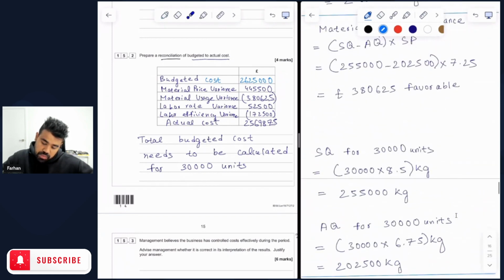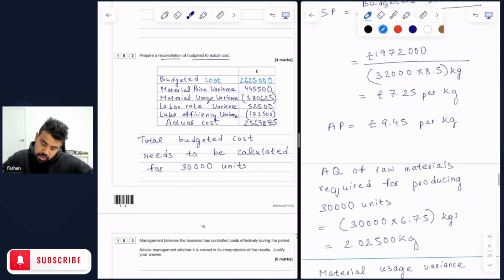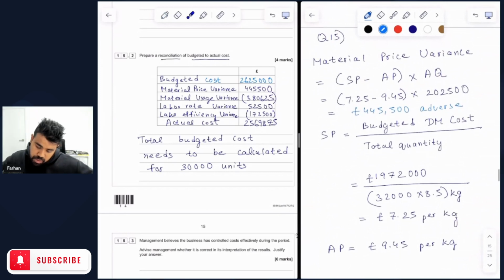So we start with the material price variance. The material price variance was 445,500 adverse. Why is this adverse? Because our actual cost of raw materials was significantly higher at 9.45 pounds per kilogram compared to the original budgeted cost of £7.25.